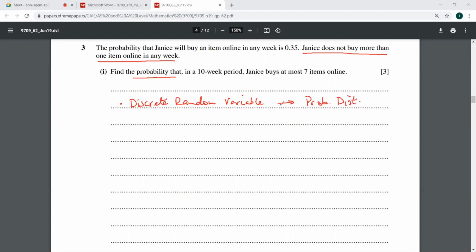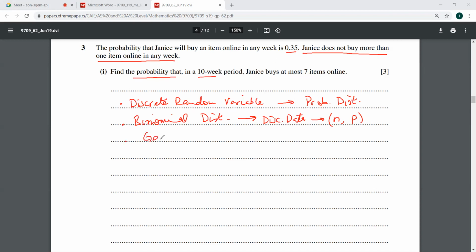Remember that table, okay? Then you have the binomial distribution. In a binomial distribution we deal with discrete data, and we have the number of trials and the probability of success. Like here this 10-week period is your n, and this 0.35 is your p.